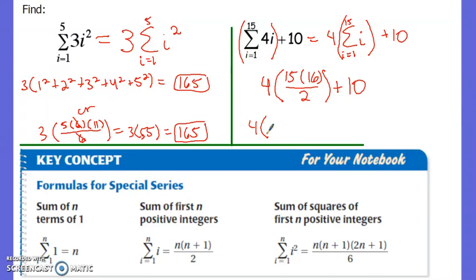I'm going to grab my trusty calculator, type in 15 times 16, and divide by 2, and I get 120. And then don't forget our plus 10, which just means that 4 times 120 would be 480, plus 10 is 490, and we've quickly got our answer without having to do 15 different steps in our series.